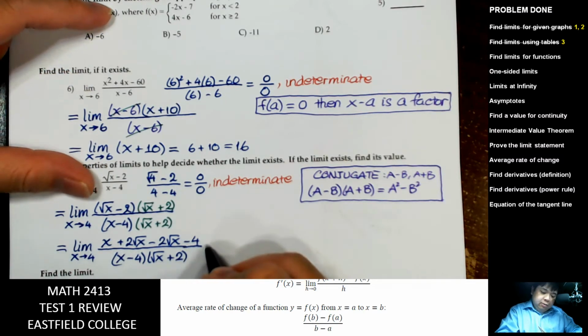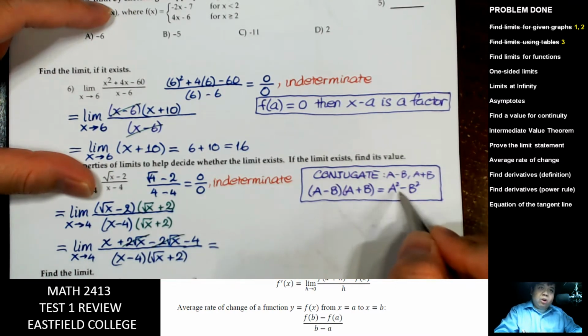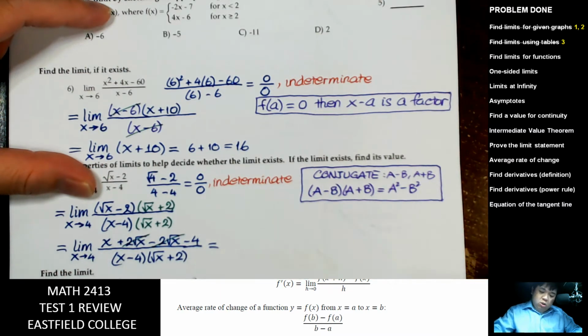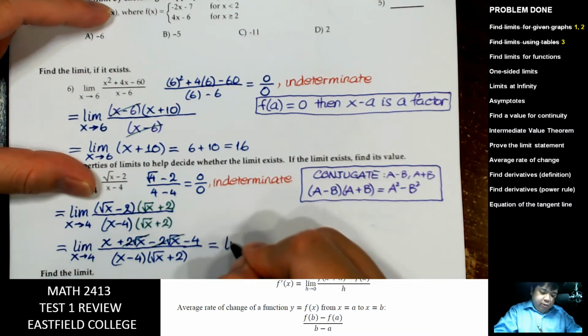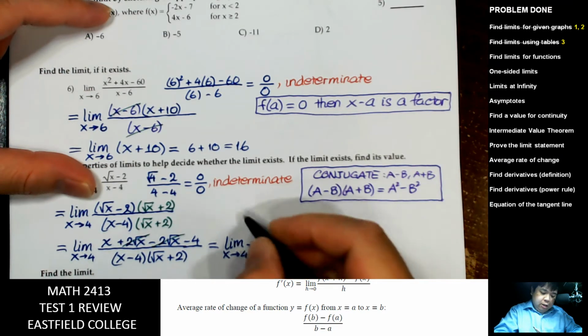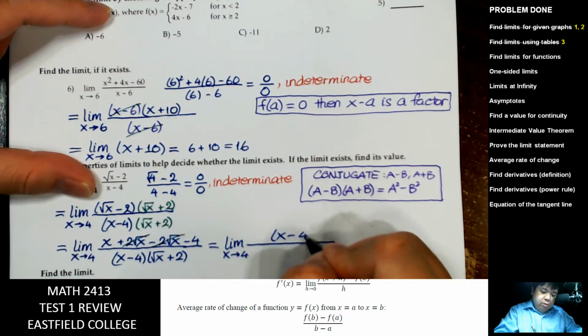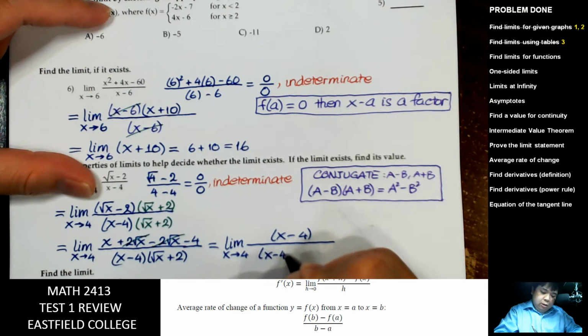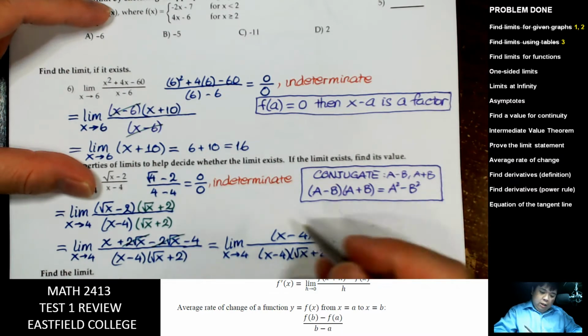Right. The middle terms cancel out. Well, we just have a square minus a square. So we'll have x minus 4 on the top. And we cancel that.